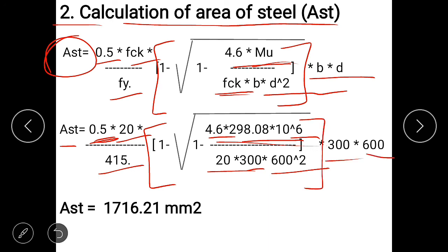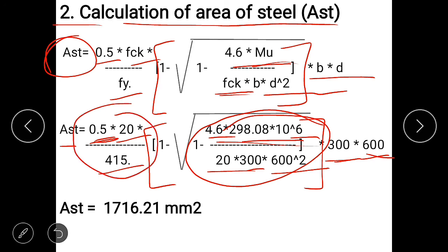Firstly solve the under root value, after that 1 minus under root, then multiply by 300 into 600, and after that solve 0.5 into 20 into 415 and multiply. So you get this answer: 1716.21 mm square. So here we calculate Ast.